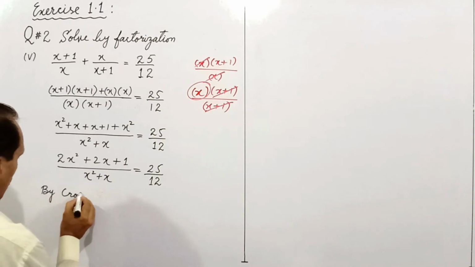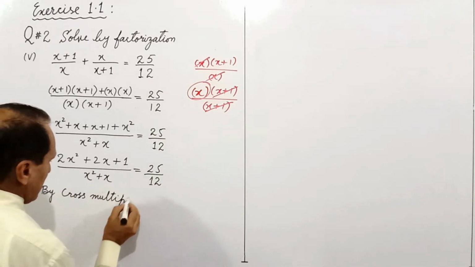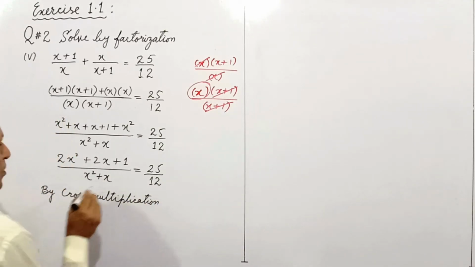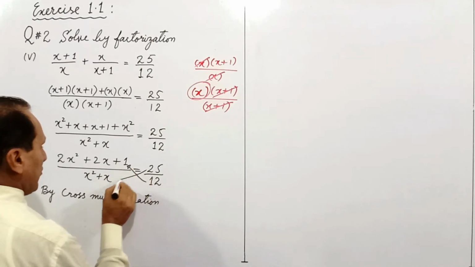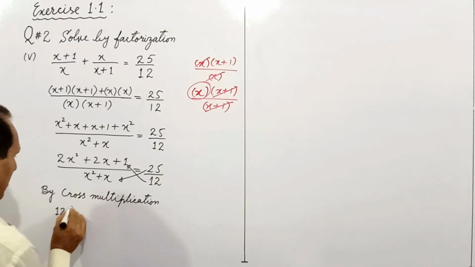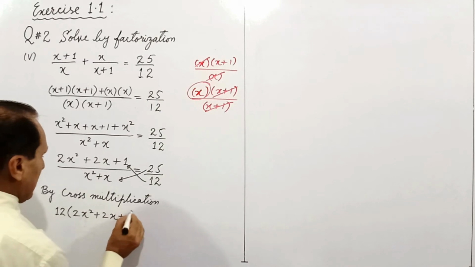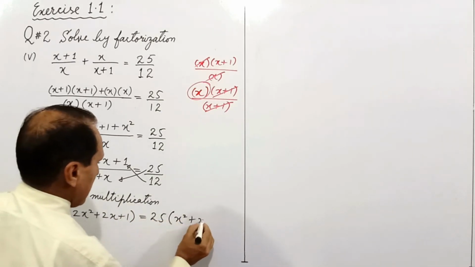By cross multiplication, we multiply 12 to the numerator of the left hand side and 25 to the denominator of the left hand side, and we get 12 into 2x square plus 2x plus 1 is equal to 25 into x square plus x.